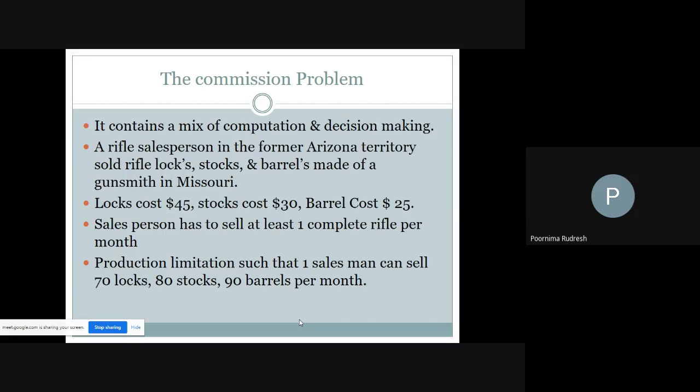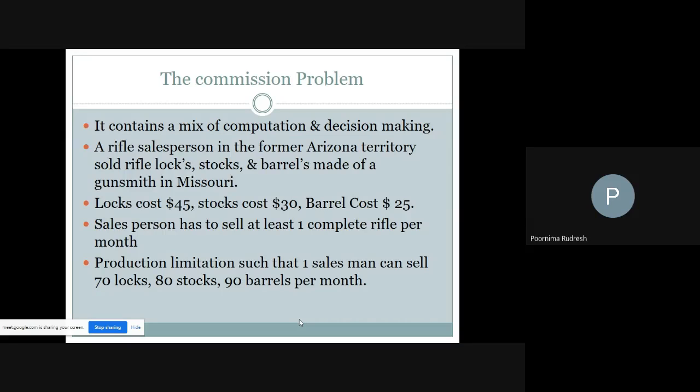Here the cost is also given for the stocks, barrels, and the locks. The lock costs $45, the stock costs $30, and the barrel costs $25. So each lock costs $45, each stock costs $30, and each barrel costs $25.